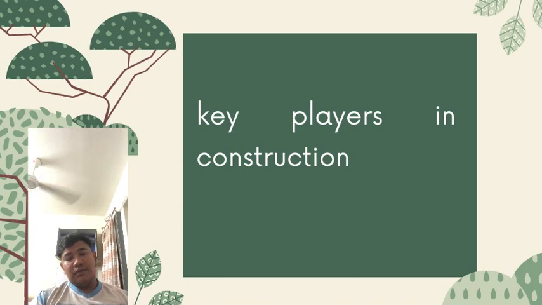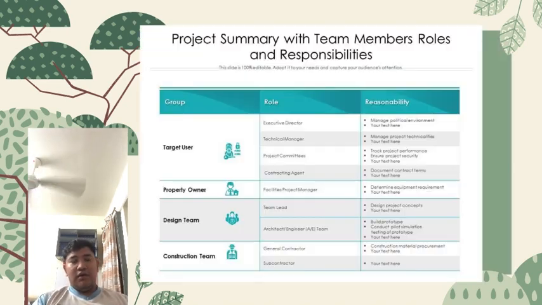For now, I'm going to present about key players in construction. The first one is the group of target users, whose roles are executive director, technical manager, project committees, and contracting agent.